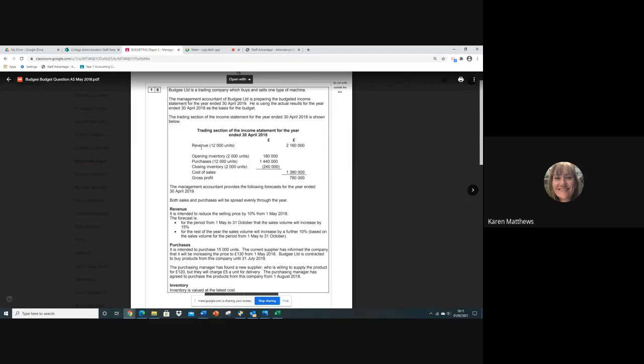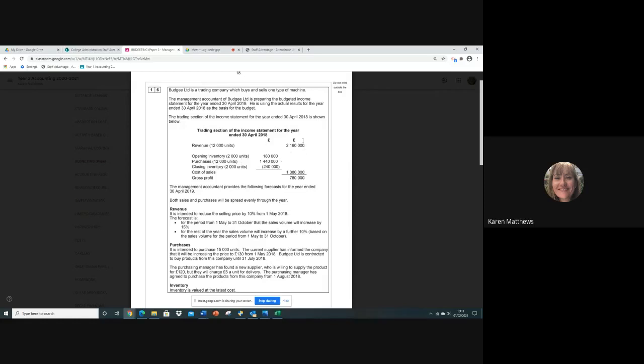So we can see that last year they sold 12,000 units. And if we divide the 2160 by 12,000, that works out at £180 per unit. So we can come up with things like the selling price. We can do the same with the purchases. We've spent 1.440 million on 12,000 units, so 1440 divided by 12 gives us a price of 120.